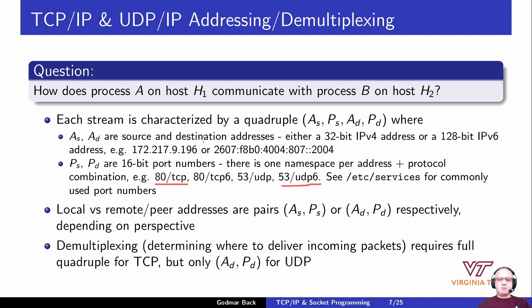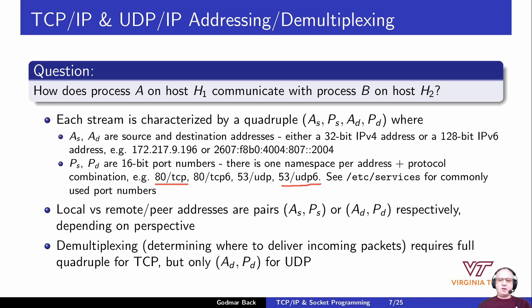So a stream is characterized by a quadruple, and that's particularly important when thinking about how an incoming packet, that may be a TCP or UDP packet, is delivered to an application that is waiting for it. Those 4 parameters, which are part of the packet that's being delivered, are used to find out which connection a packet belongs to.